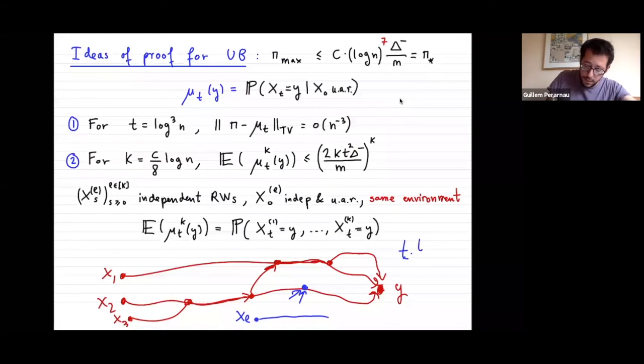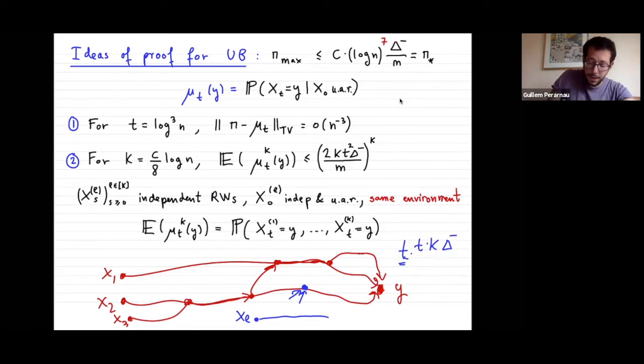You have at most t times k, because you have run at most k walks of length t, and each one has in-degree delta minus. So this is the number of steps that you have to attach to this old revealed part. This is the number of half edges that make you enter this already revealed part.